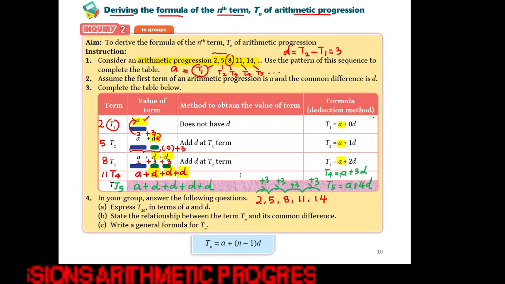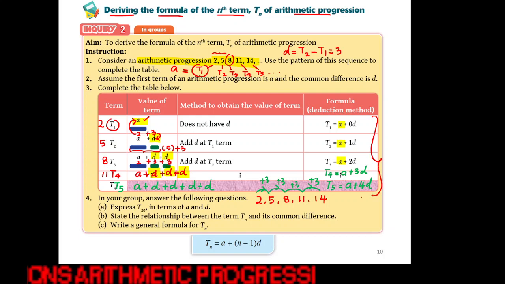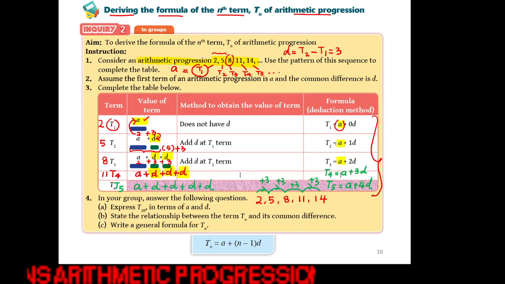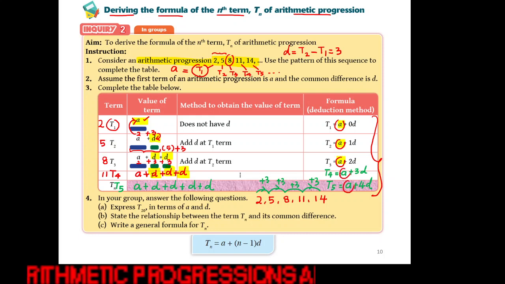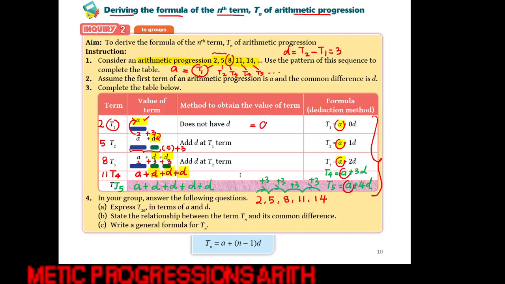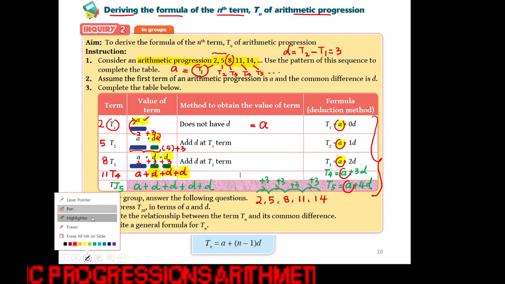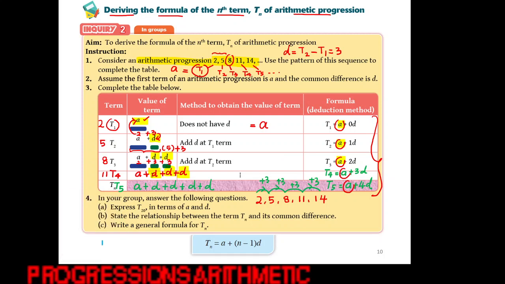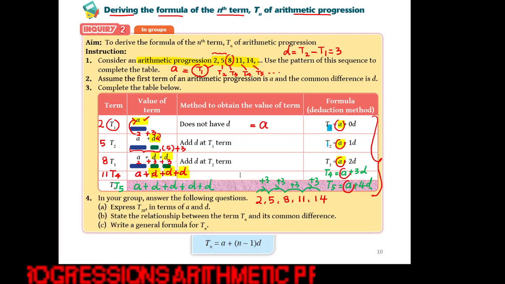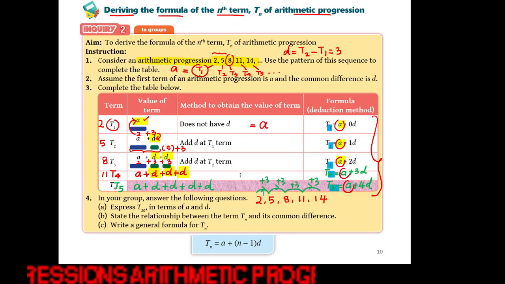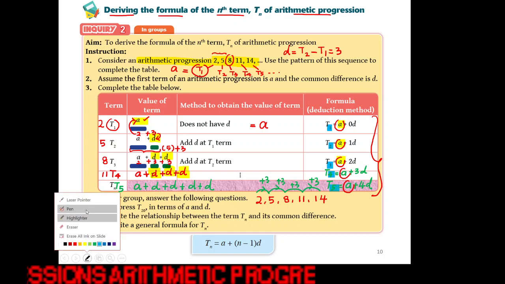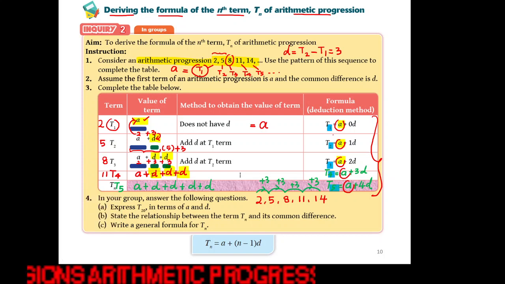we can look at this formula here, whereby this one remains the same. Okay, so that means in our formula, the A is always there. So when you look at this part over here, T1, T2, T3, T4, T5, that is a variable, whereby the value keeps on changing.